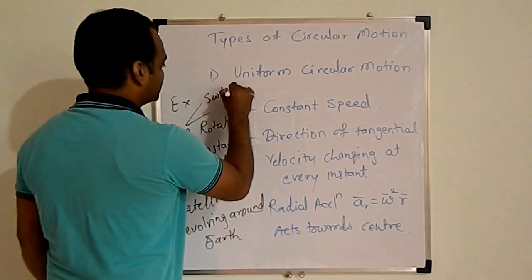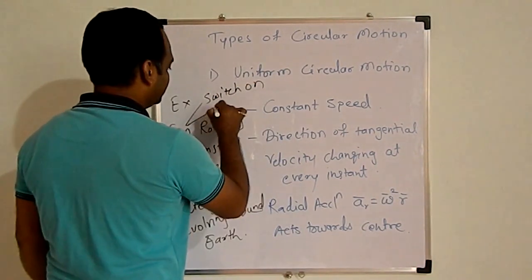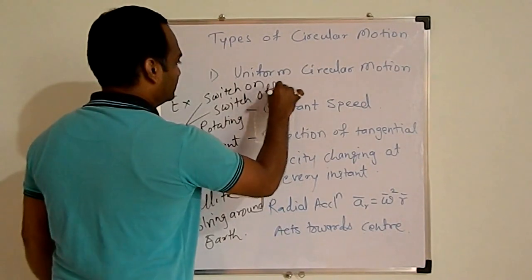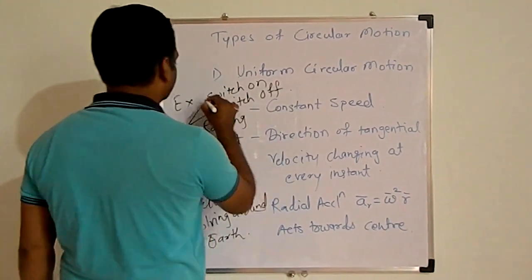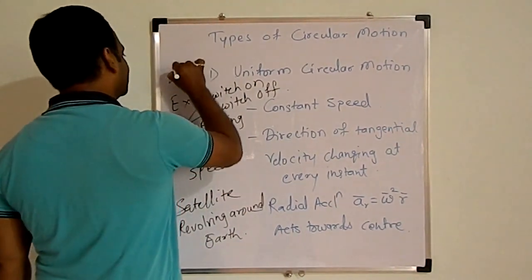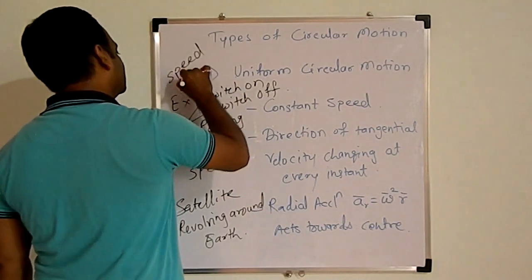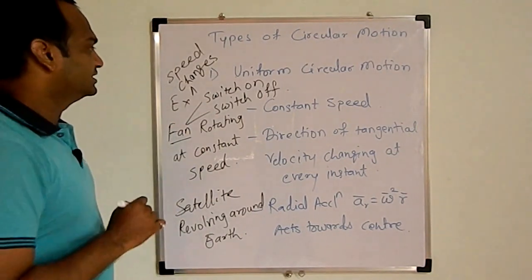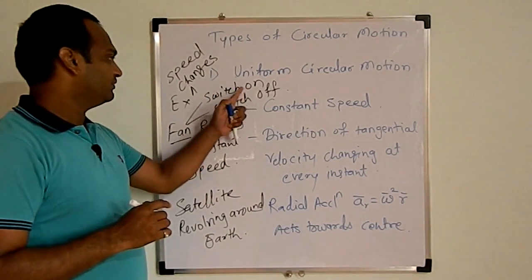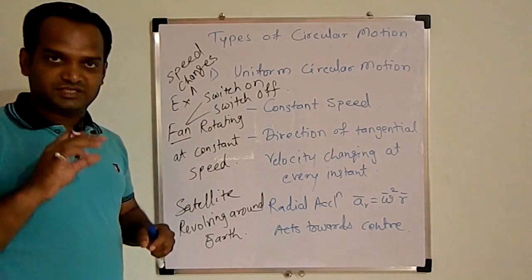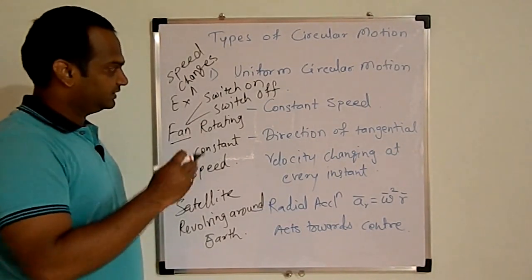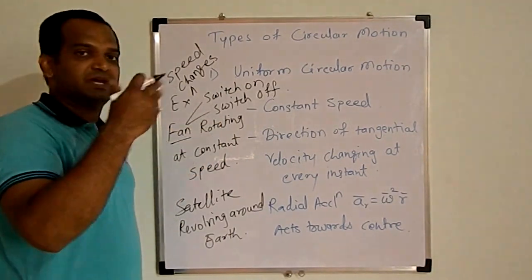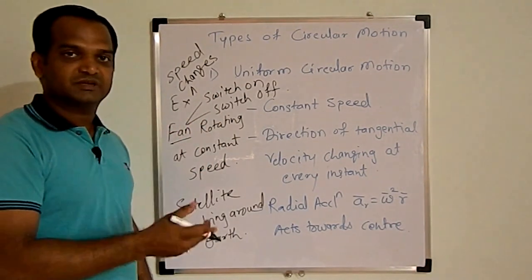When we switch it on or switch it off, its speed is changing. When we switch on the fan, initially its speed is 0 and it keeps increasing, and when we switch off the fan, its speed is maximum and it becomes 0.